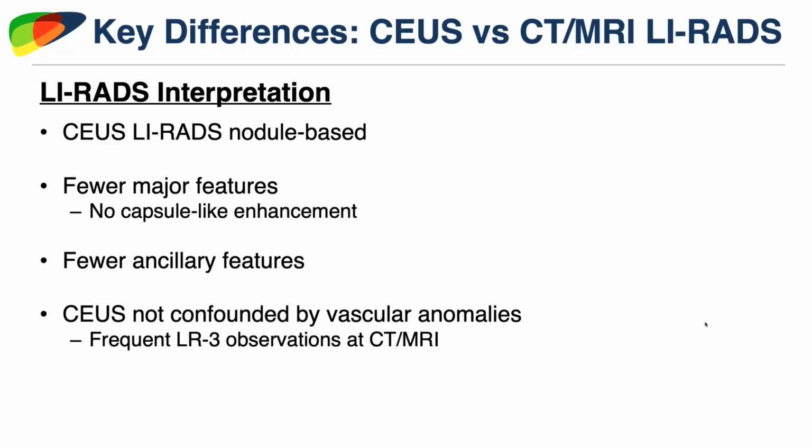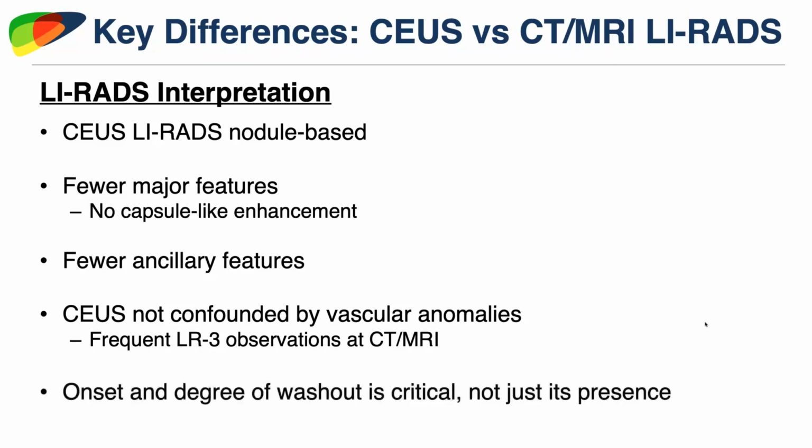For one, there's no B-mode correlate, and two, we just don't see on the contrast ultrasound side of things any correlate. So this can be a great arbiter if there's a concern on CT or MRI of an LR3 observation that may just be a small vascular anomaly.